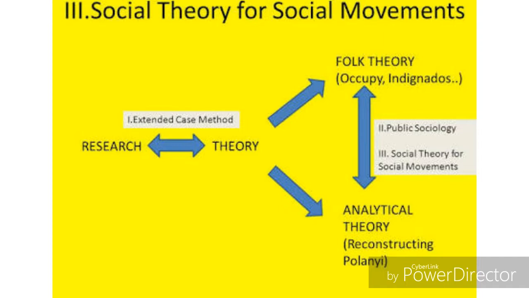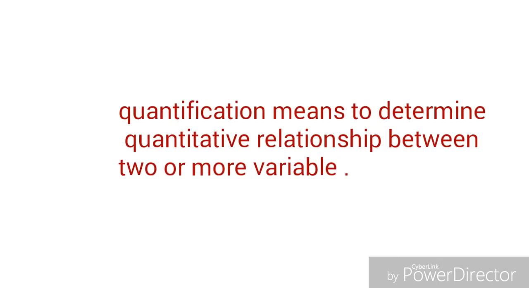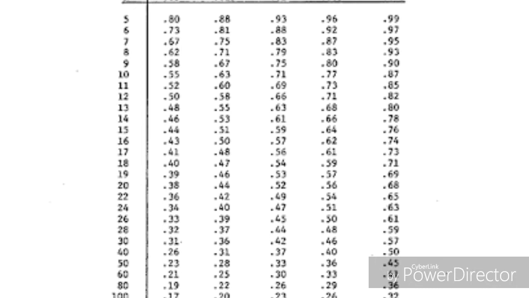Particular and general in social research. The second principle is quantification. Quantification means to determine the quantitative relationship between two or more variables. Generally, we use a statistical method for quantification in social research.